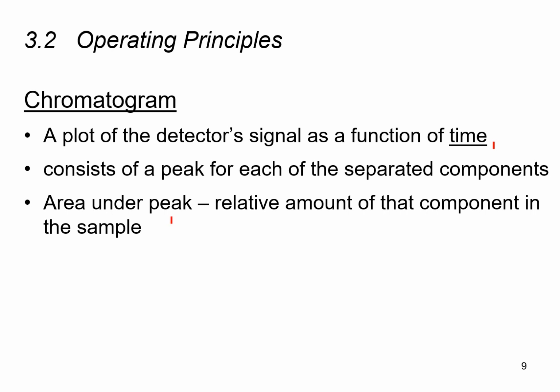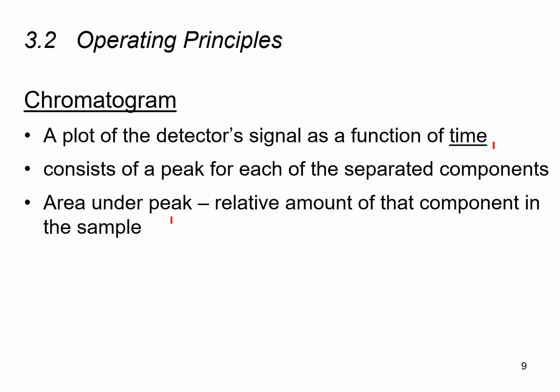Another thing about the chromatogram is that if we look at the size of the peak, so the area of the peak directly tells us the amount of that particular component in the sample, which means that if we have ethanol in our sample mixture and we see that the peak belonging to ethanol is very huge, then we can understand that there must be a lot of ethanol in that sample mixture.